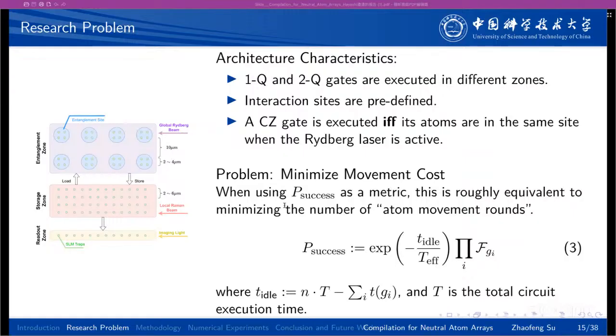We use P success as a metric, and it has this equation for the optimization. In this equation, Fg is the fidelity for each gate, and the optimization of this problem is equivalent to minimizing the number of atom movement runs.